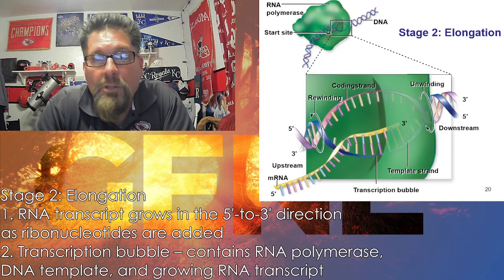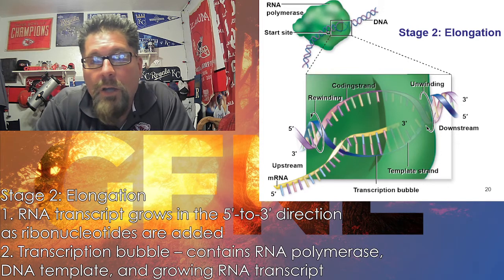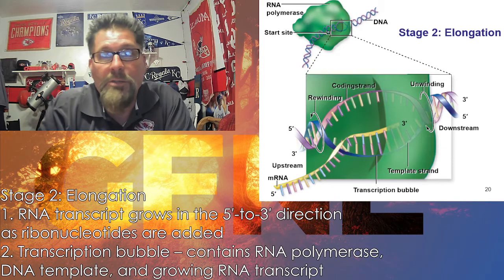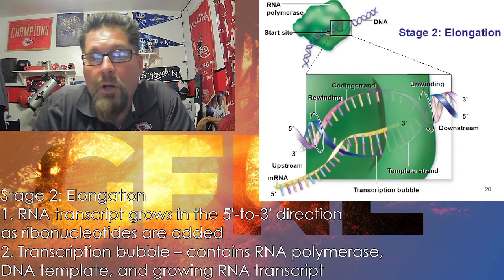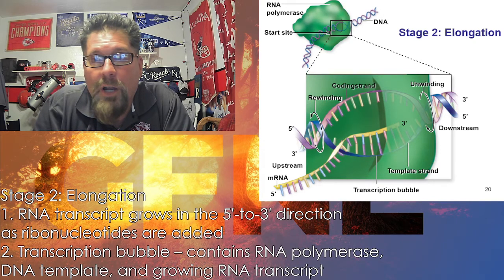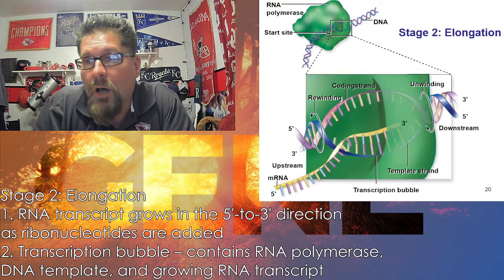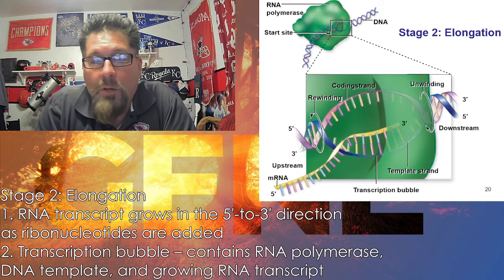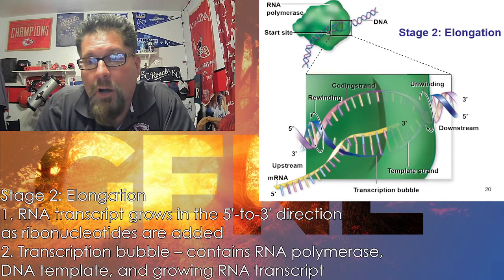Okay, stage 2, elongation. Again, the same name, same situation going on as with the eukaryotic cells, and you can see here again the DNA is unwound, and you've got the DNA being transcribed into the RNA.